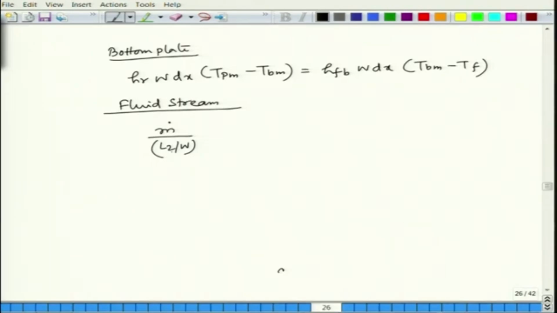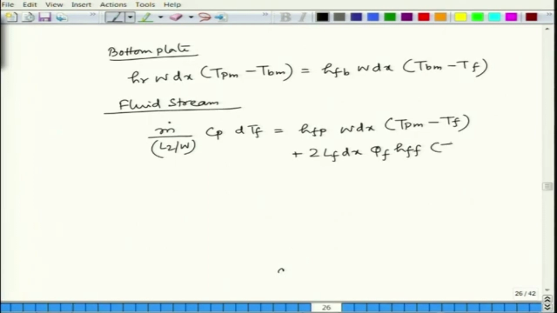Okay, that is L2 by W, multiplied by Cp dTf equal to HFP W dx (Tpm minus Tf) plus 2 Lf dx phi f HFF (Tpm minus Tf) plus HFB W dx (Tbm minus Tf).